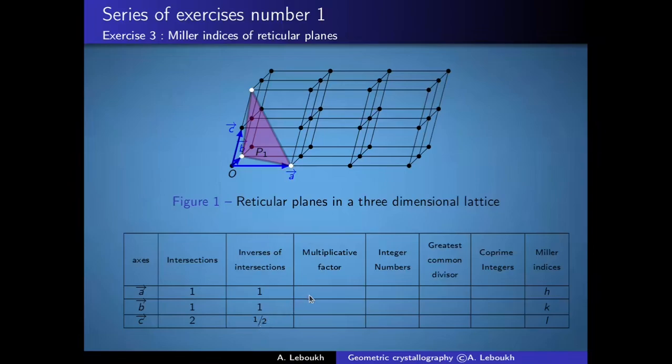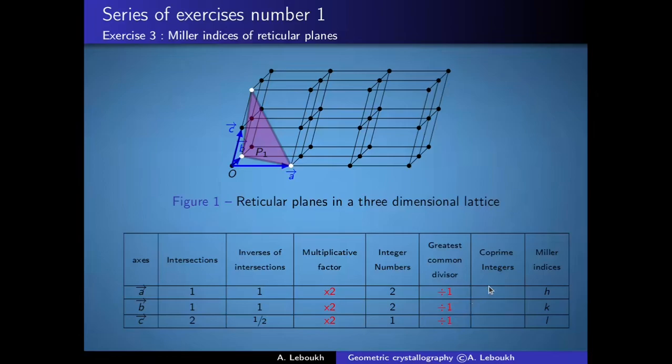If we multiply the three inverses of intersection by 2, we find these integers 2, 2, 1. And we now seek the greatest common divisor for these three numbers. We obtain that the greatest common divisor is 1.